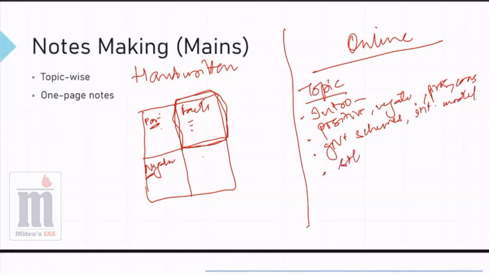Some solutions, if this is a problem, then you should have solutions in your notes, and something to write in conclusions. You can write government schemes, international models in conclusion.